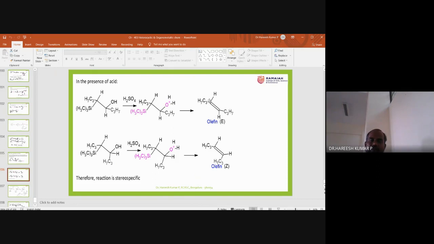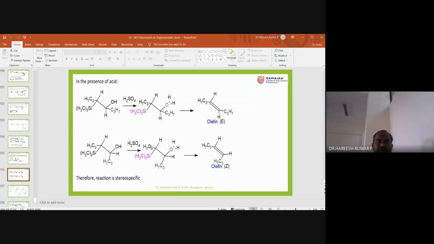This is propyl group, this is H. What it means is the propyl groups are in opposite directions. That means this is E, E means trans. It means that this reaction is stereospecific. How it is stereospecific, I will explain in the next slide.